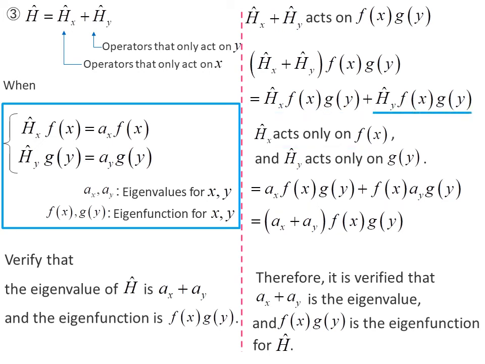Similarly, in the second term, the operator h_y acts only on y, treating f(x) as a constant, and it yields f(x) a_y g(y). After adding the two terms, it is verified that a_x plus a_y is the eigenvalue, and f(x)g(y) is the eigenfunction for h.